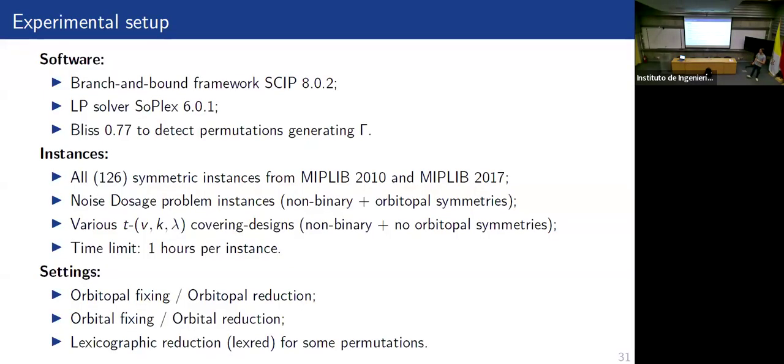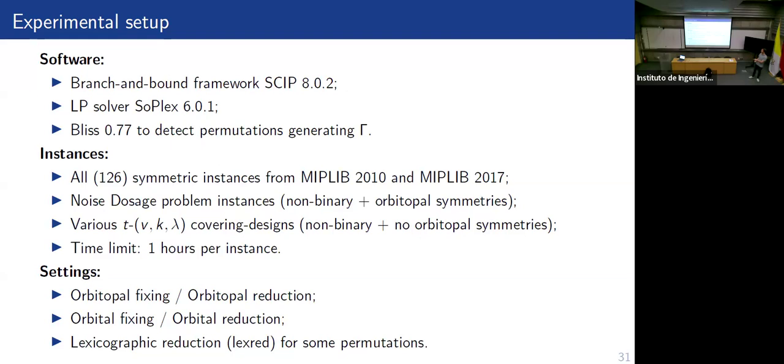And what we did is we generalized these so that they also work for non-binary variables, and also dynamified some of these constraints. So this is software. We use SCIP, we use SoPlex as underlying LP solver, and we use BLISS, which is an automorphism detecting program, and that is being used. We feed the problems with our IP formulation or constraint programming formulation. This detects the symmetries of the problem that are induced by the formulation.